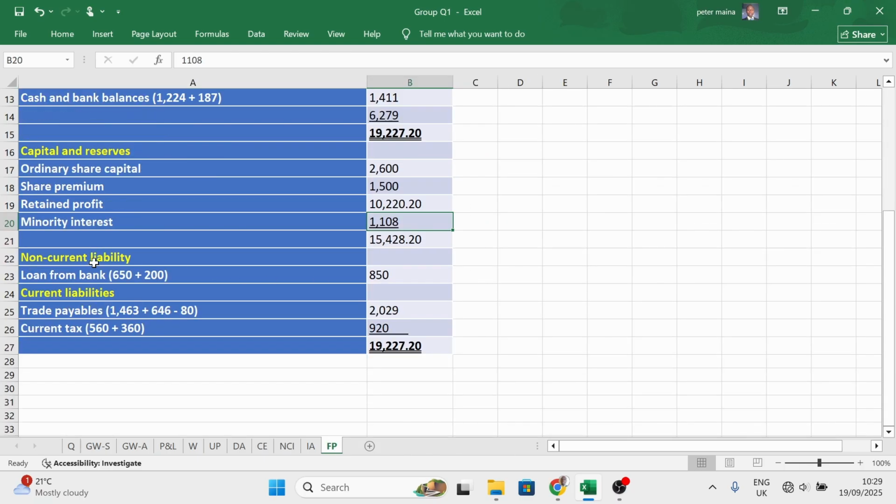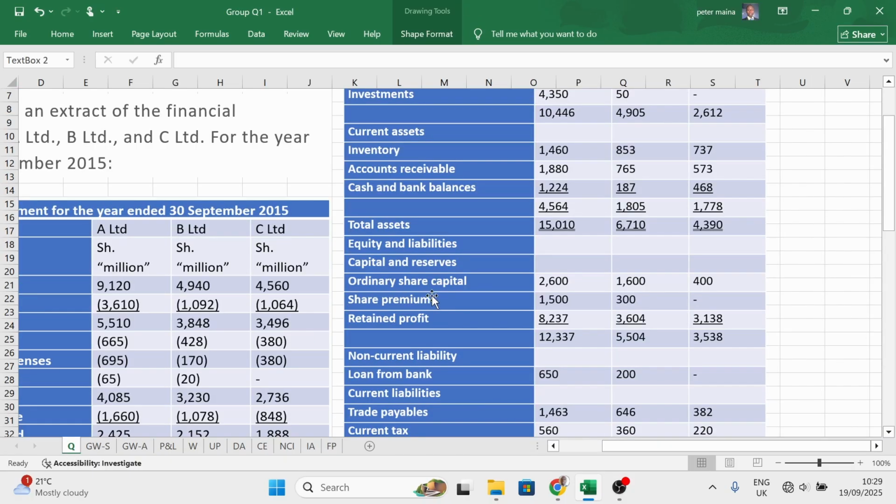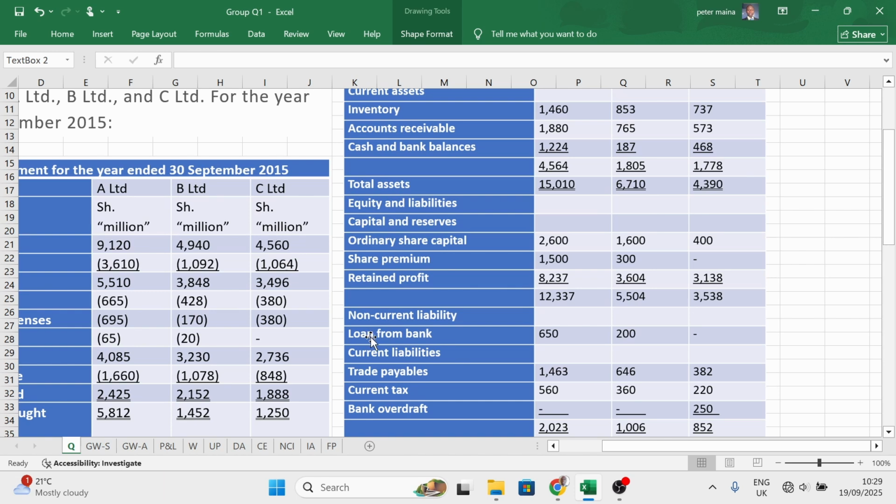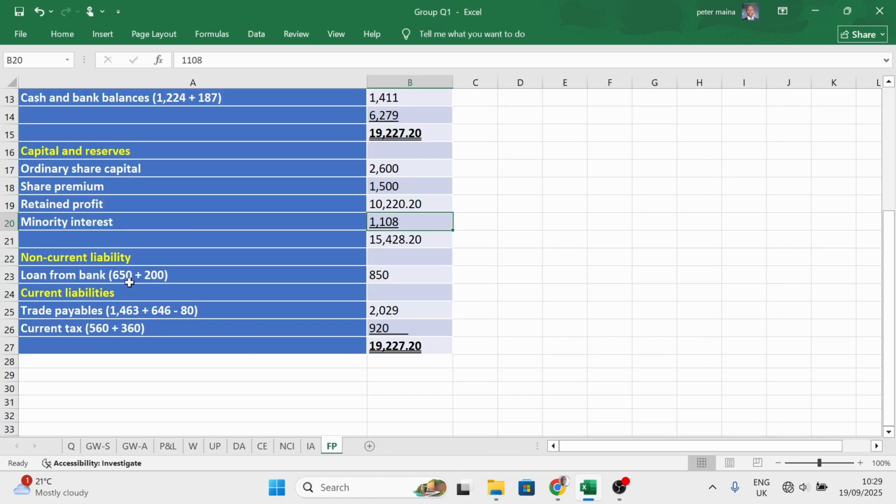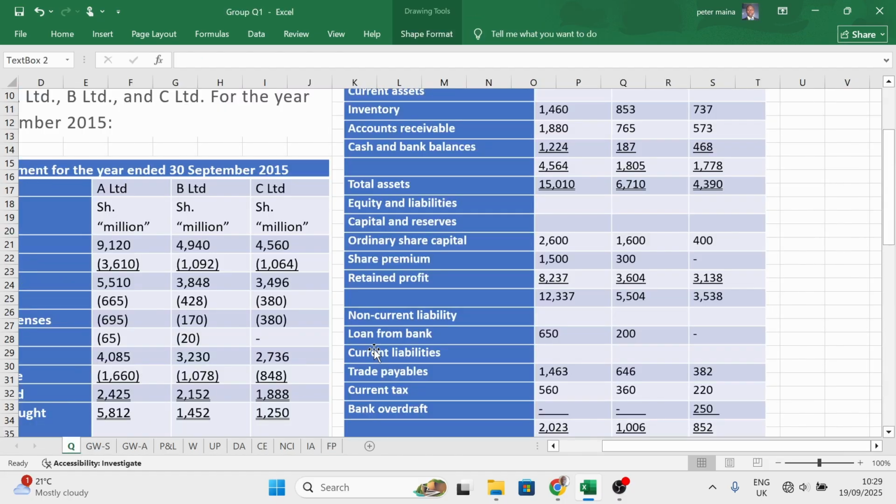Then we go to non-current liabilities. In the original statement of financial position, we had loan from bank. The parent had 650. The subsidiary had 200. In the consolidation, we add 650 and 200. It gives us 850. We go to current liabilities. The parent had trade payables of 1463.